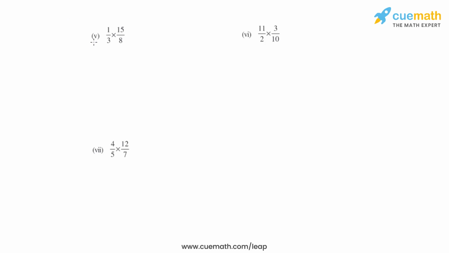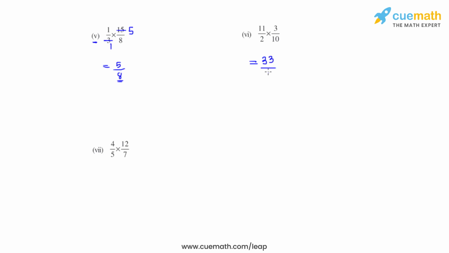Coming to the fifth bit, we have 1 over 3 times 15 over 8. So 15 and 3 have got common factors. 3 1s are 3, 3 5s are 15. So the answer that we get for it is 5 over 8. Coming to the sixth bit, we have 11 over 2 times 3 over 10. So we multiply the numerators, we get 33.